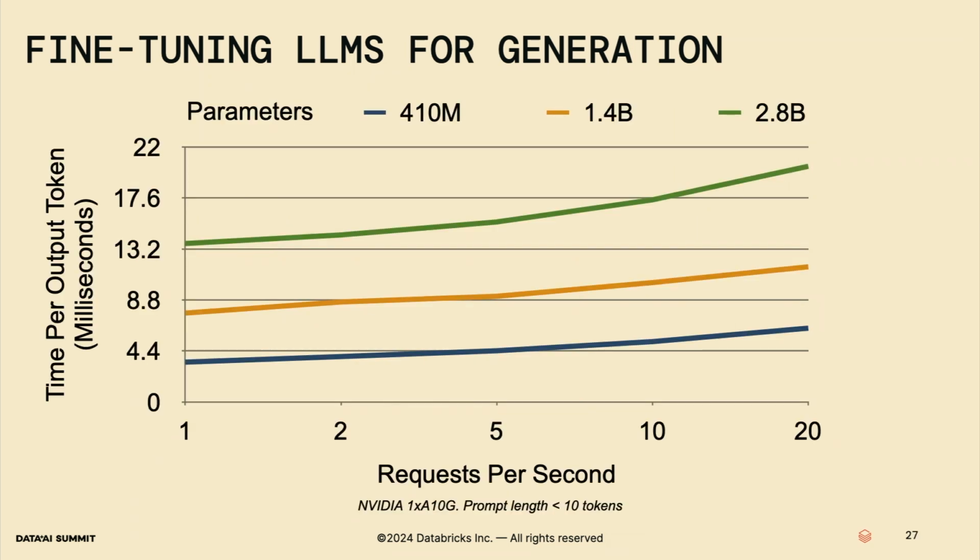And then again, this is just another one of these slides that we find very useful as we put our models in production. Because we're now generating multiple tokens, we need to care about a different measure of latency. So here we're going to care about our time per output token in milliseconds, and then we still care about throughput on the x-axis. And as you deploy your model, you need to come out with some latency budget.